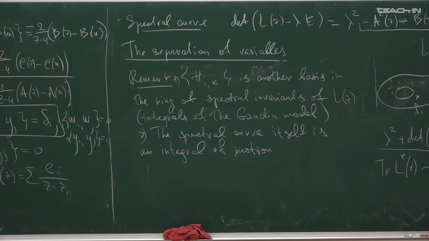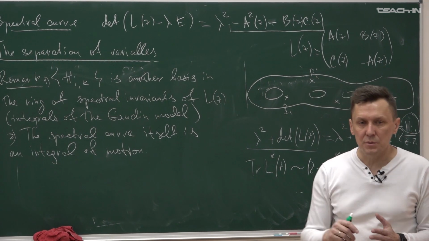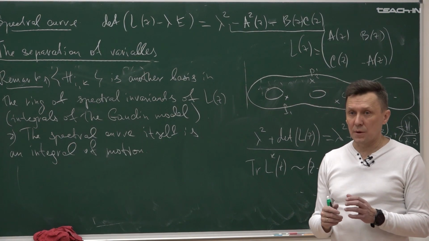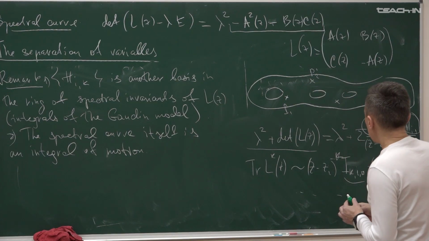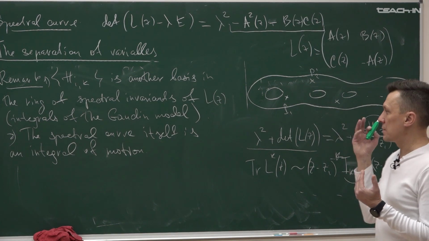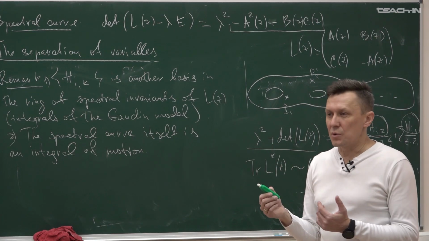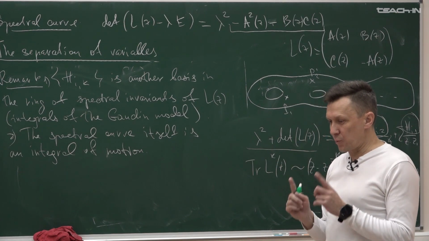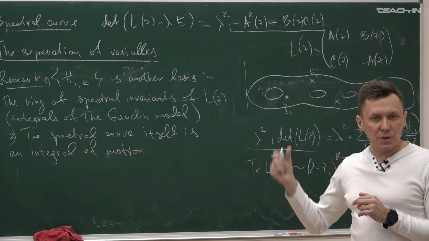So it means that it doesn't change along the Hamiltonian flows of our system. And now we found some new variables which correspond to the coordinates of points in R^2, which are points of this spectral curve.